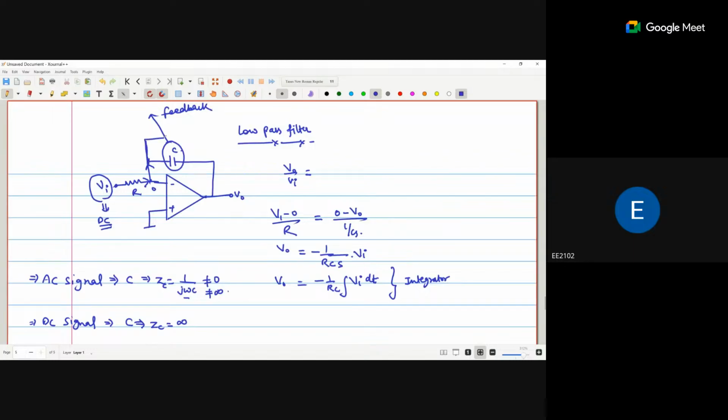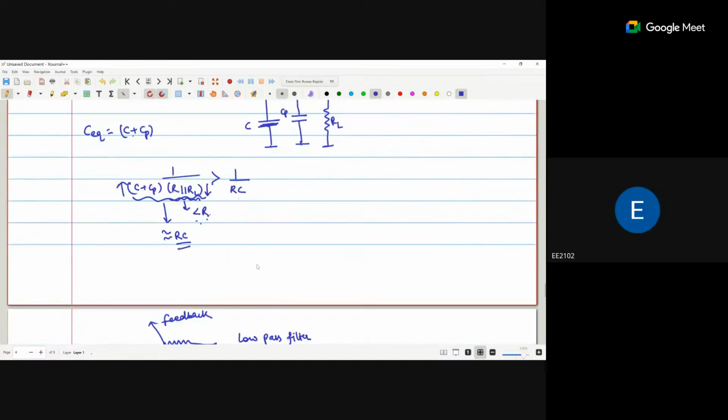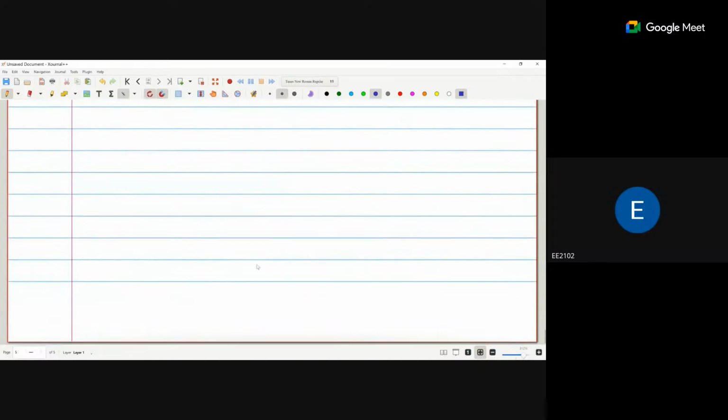We require one additional resistor for this feedback part. So that circuit will be applicable for the AC signal as well as for the DC component. Okay, you can calculate with this circuit also.